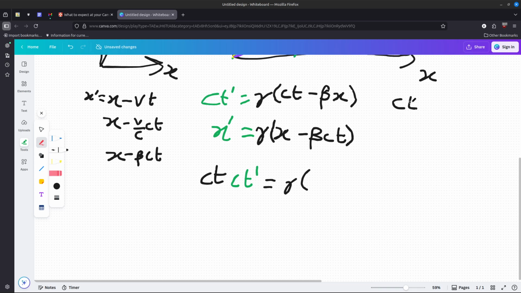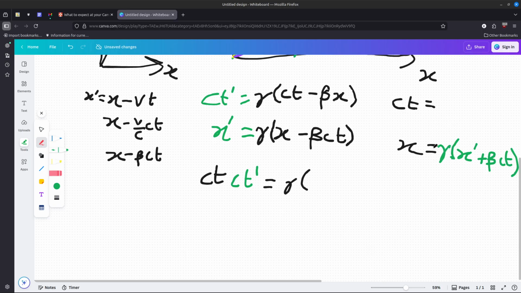Well then, to go back, it would just be similar here, where you can then just move the plus vt onto the other side to get an expression for x. You would then end up with x is equal to gamma times x prime plus beta ct, because it's now moving in the opposite direction.